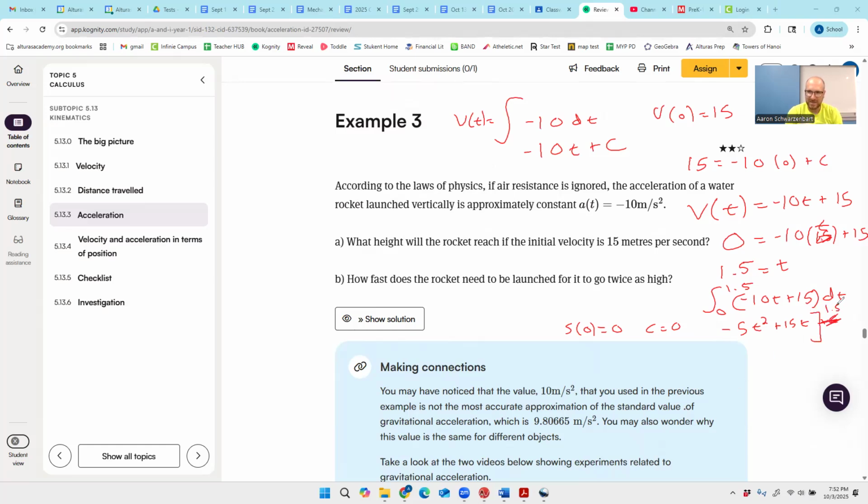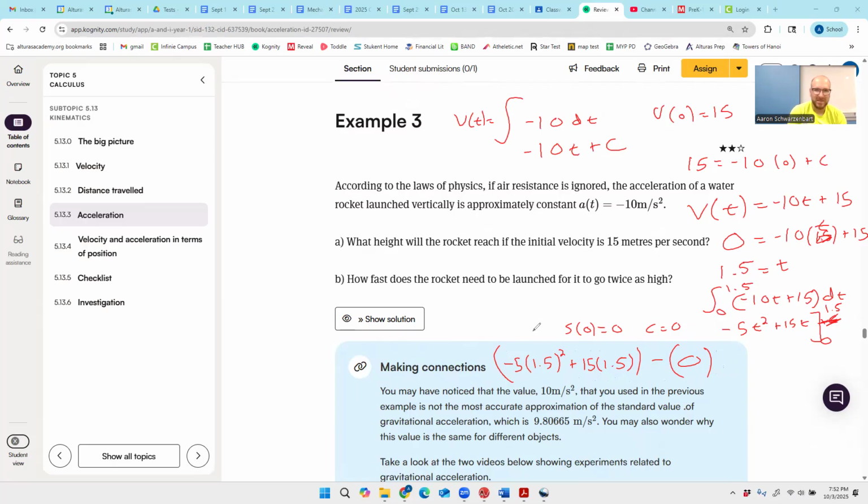Remember this bracket. Minus lower bound is 0. You get 0 when I plug that in.